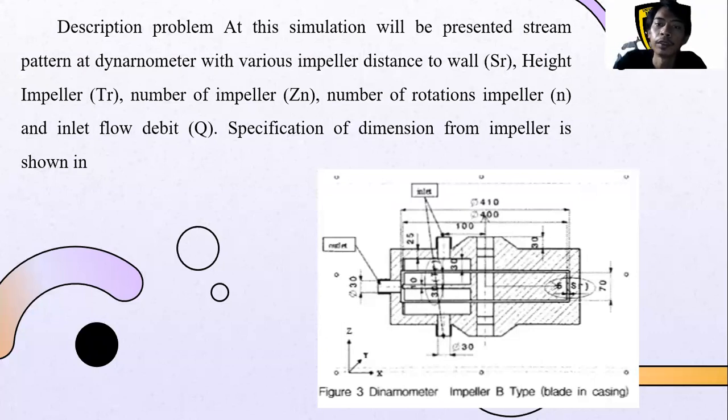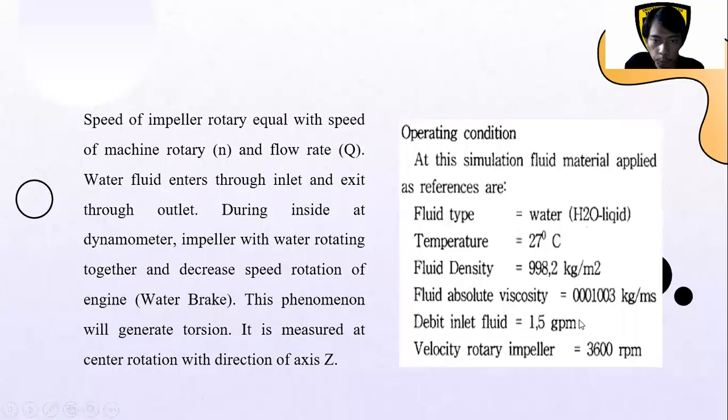Specification of dimension from the impeller is shown in the picture. The dynamometer impeller is B type blade encased like this. This is the dimension. Speed of impeller rotary is equal with speed of engine rotary, and flow rate.